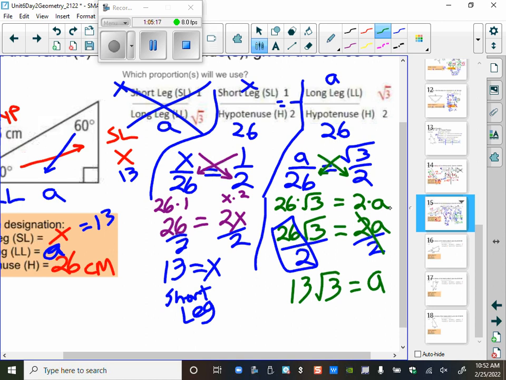So then the 13 square root of 3, that's our final answer for the long leg. Good. Because going forward, we need to figure out what these answers represent.